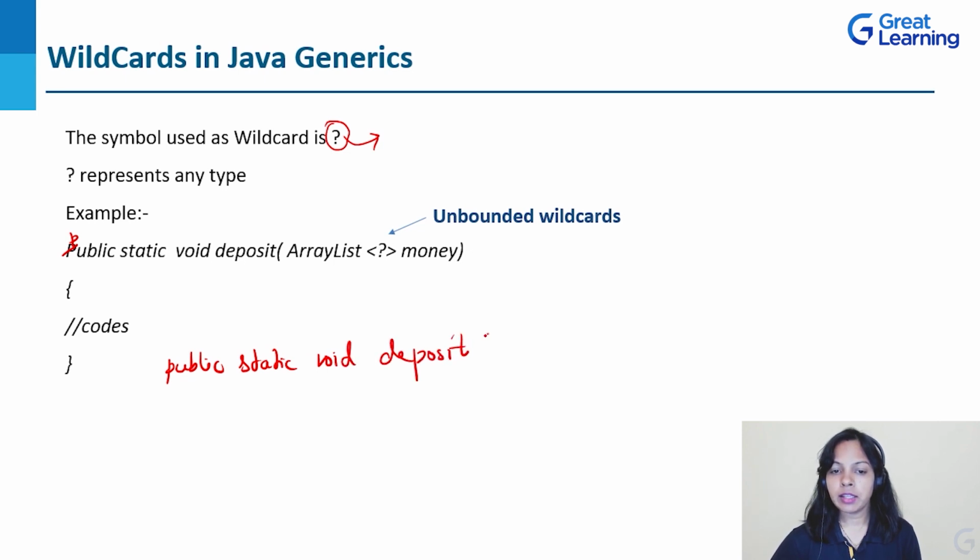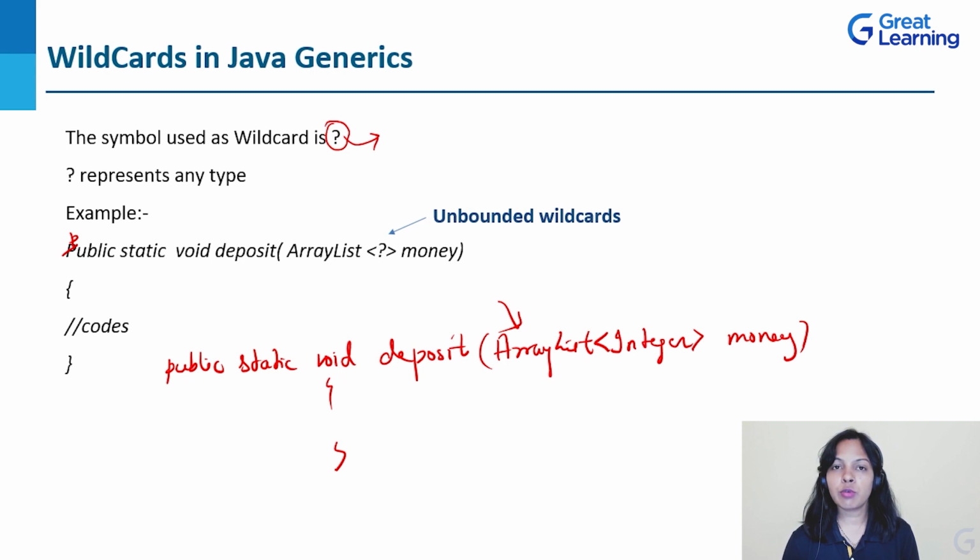And if I want the ArrayList to contain integer type of data, then in the angular bracket I would have written Integer, and then money. So this generic method specifies that this method parameter should be only an ArrayList of type Integer.